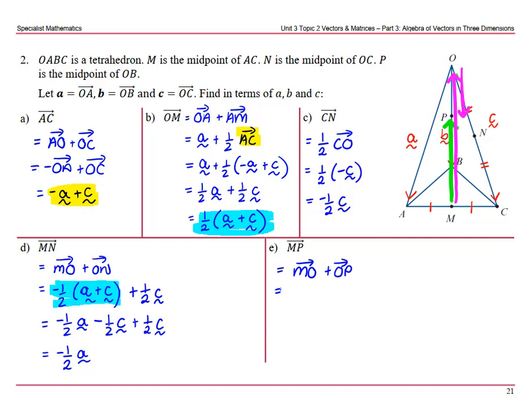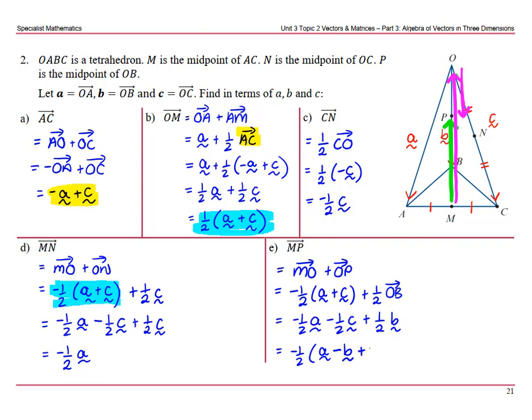Now MO, we worked out OM in part B, so it's the opposite, so it's negative a half A plus C, plus a half OP. P is the midpoint of OB, so a half of OB. So negative a half A minus a half C plus a half of B. Bring the negative a half out and we have A minus B plus C.